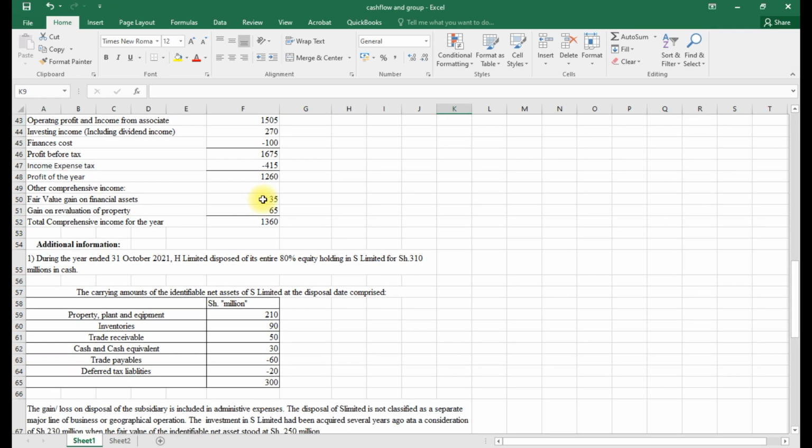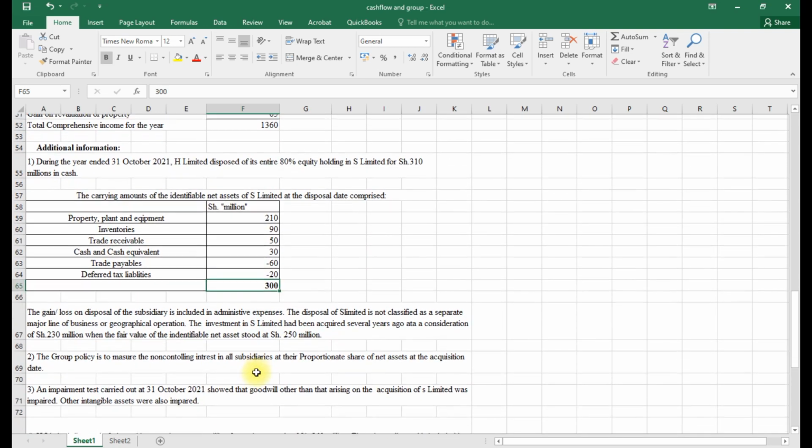Additionally, during the year ended 31st October 2021, H Limited disposed of its entire 80% equity holding in S Limited for 310 million in cash. The carrying amount of the identifiable net assets of S at disposal date comprised these items. So it had a net asset of 300 as at the disposal date.